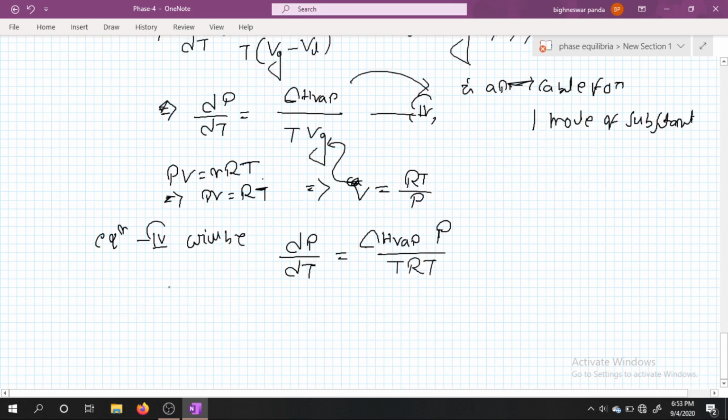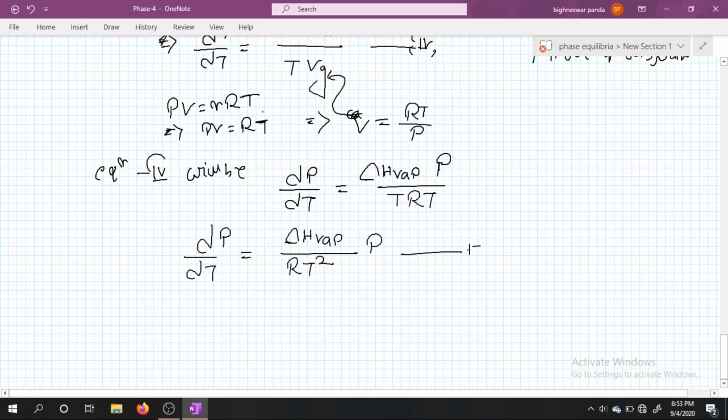So we have dP by dT equal to delta H vaporization P by RT square. This is equation 5.